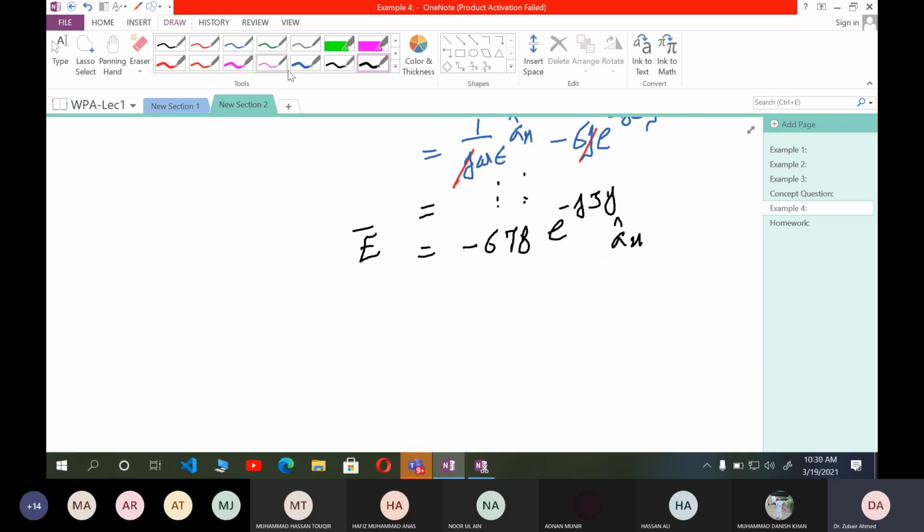Now the last step is to convert back into instantaneous form. To convert back into instantaneous form, what you have to do is take this phasor vector, multiply it with exponential of j omega t, and take the real part.